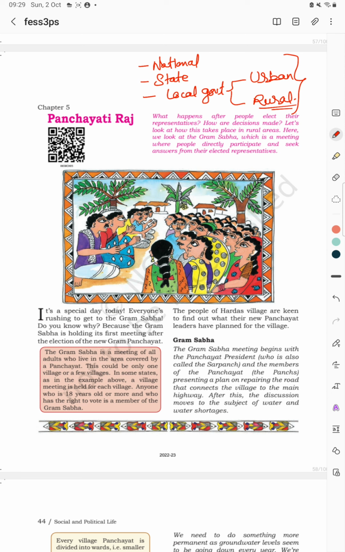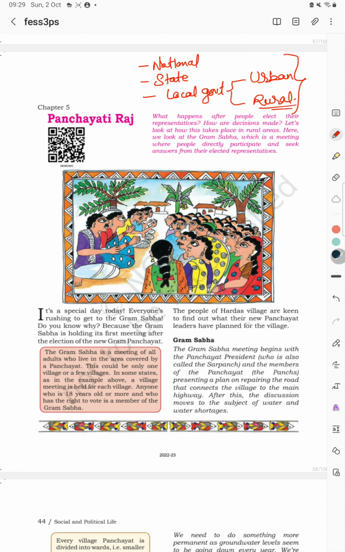After every election the new government, or the new Gram Panchayat in the case of Panchayati Raj, is formed. So this was explained: after the election, the first Gram Panchayat meeting is being held.